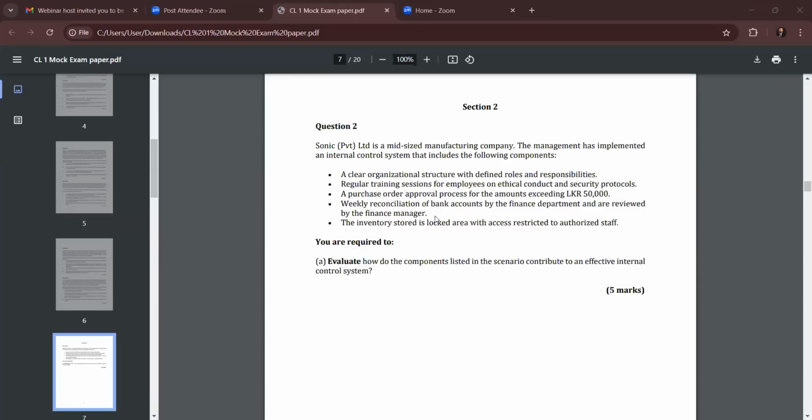Shall we write down the answers? So write down the answer to part A. Look at the COSO framework, very important.